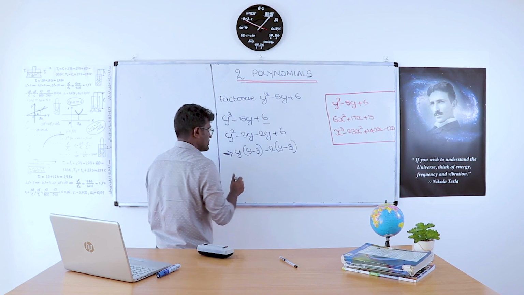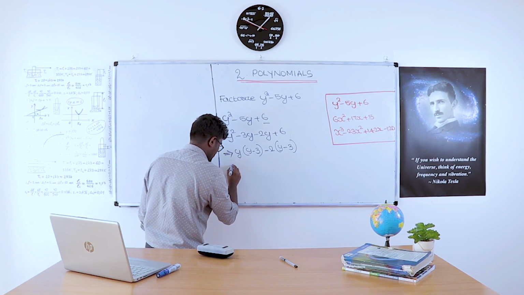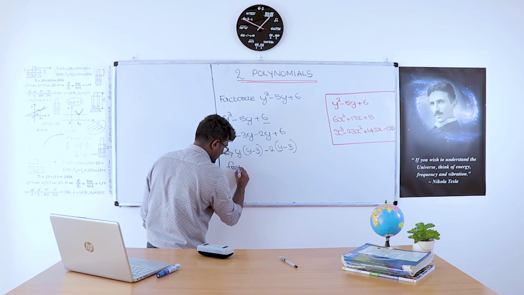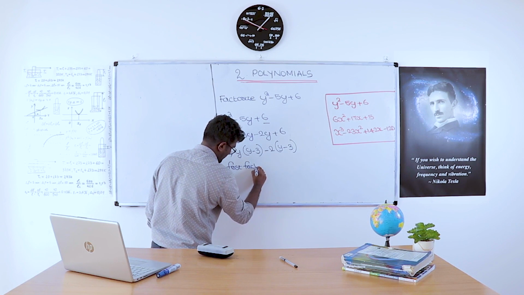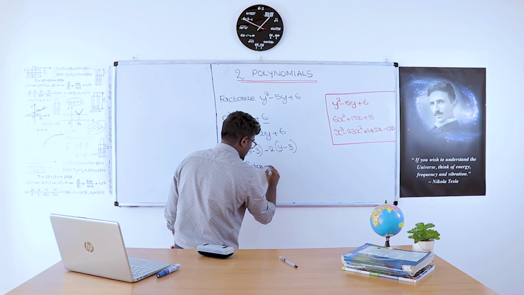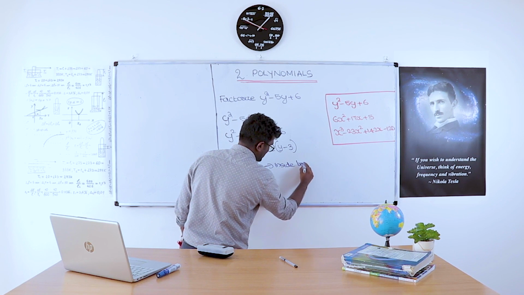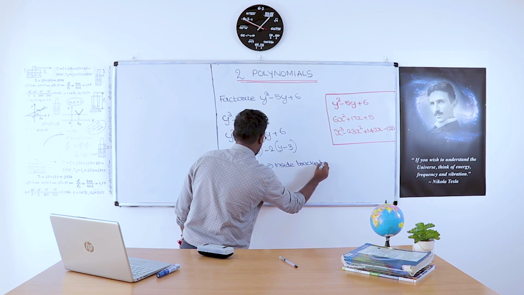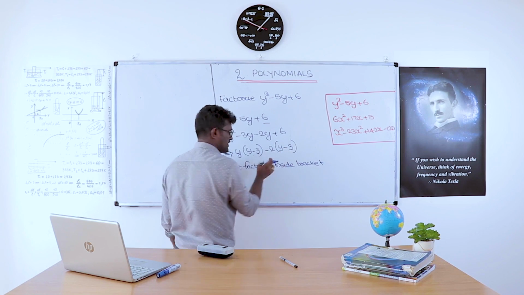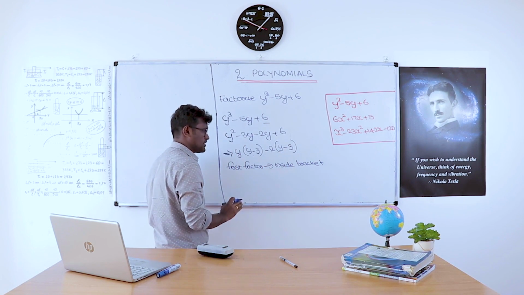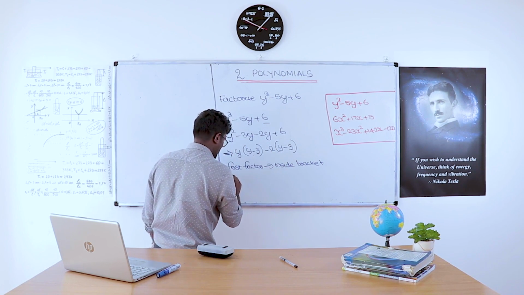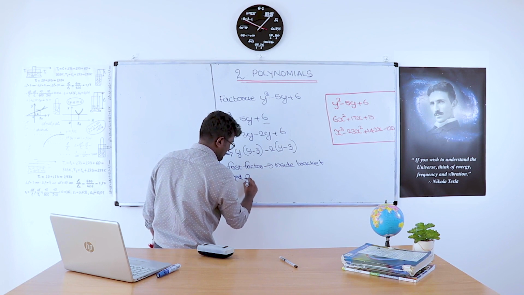It's okay. So the first factor is inside the bracket. You check inside the bracket, the first factor is y minus 3. Here also y minus 3. You have to take only one y minus 3. Inside the bracket, the first factor we got. The second factor is the remaining one.